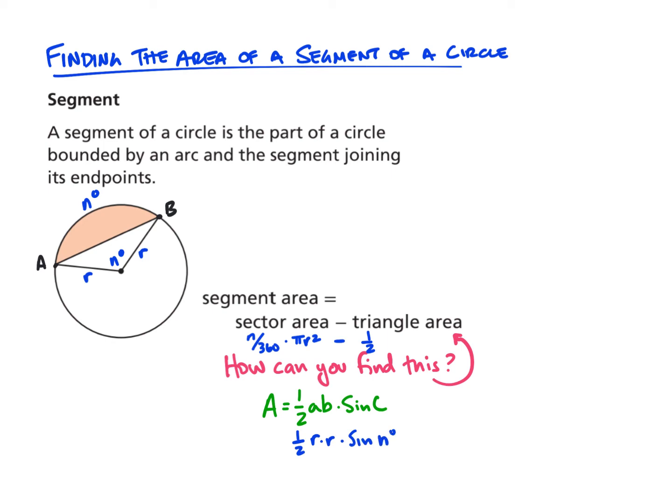Using the same variables I used over here, n and r, I can write this formula: 1/2 of r squared times the sine of n. And this is how we can find a segment area. n over 360 times pi r squared, that's just finding the sector, and then we subtract 1/2 r squared times sine n, which is the triangle area.